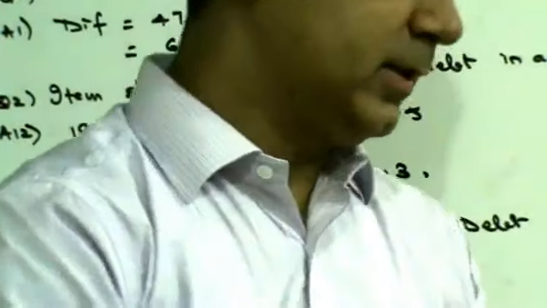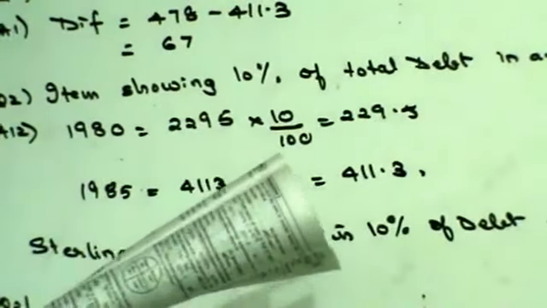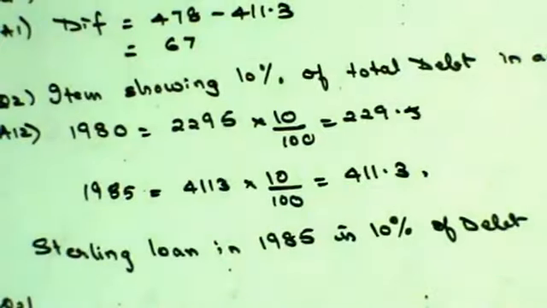Next, let's see this. If the debt during 1985 doubles, then the increase in the rupee loan from the present position will be nearly how much?